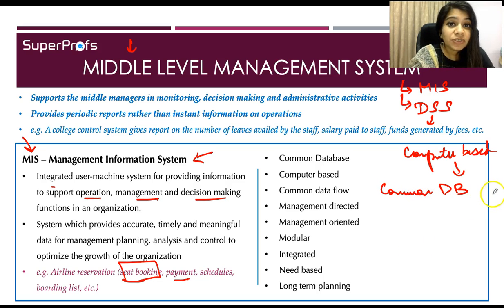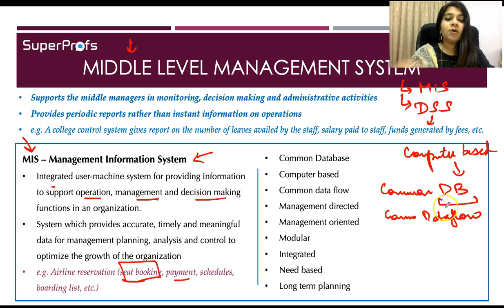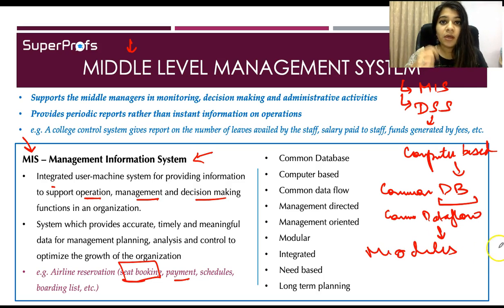If the database is common, then the data flow will also be common. Okay, now if there is common data flow, then where will this common data flow be? In different modules. Okay, so if there are different modules, that means that it has to be modular.